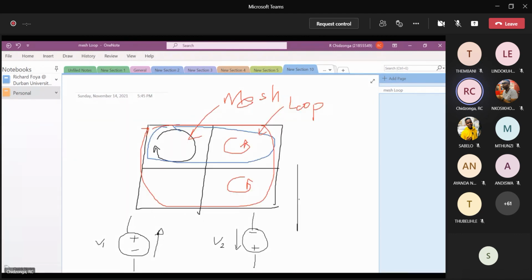So if you project this on the time domain now, if V1 is like this, like that, you see, then V2 will be like this. All right, it's in antiphase.